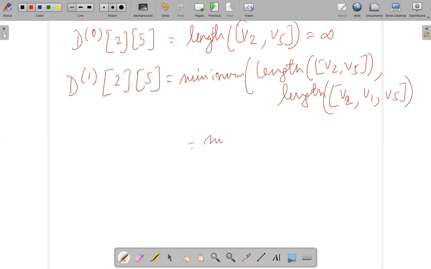This is the minimum of infinity and 14, that is 14.